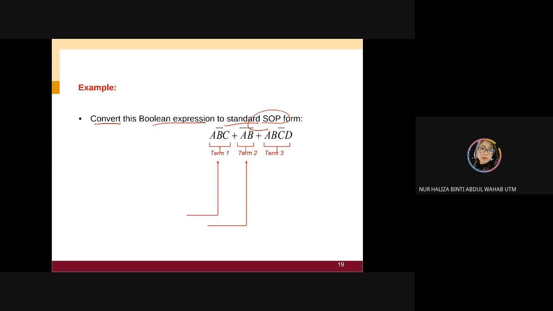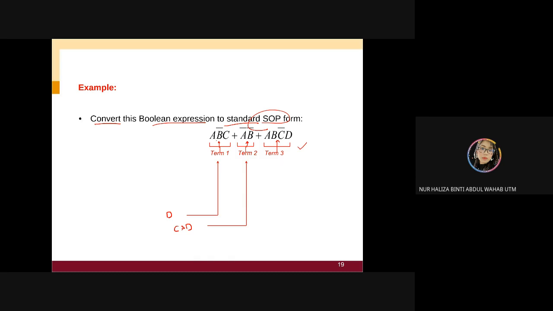Convert the Boolean expression to standard SOP. You have term 1, term 2, term 3. For term 1, you are missing the D variable. For term 2, you are missing C and D. For term 3, it is already standard SOP.